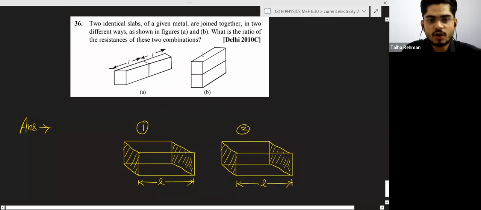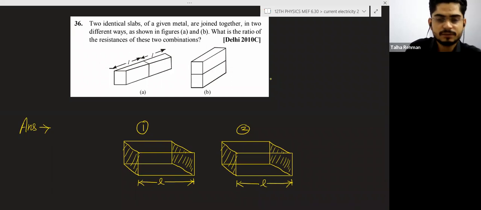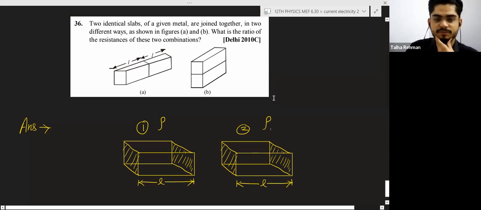They are saying of given material. Given material means if the material is same, then the resistivity rho. If the resistivity of this is rho, then of this the resistivity will also be rho, because the resistivity depends upon the material.